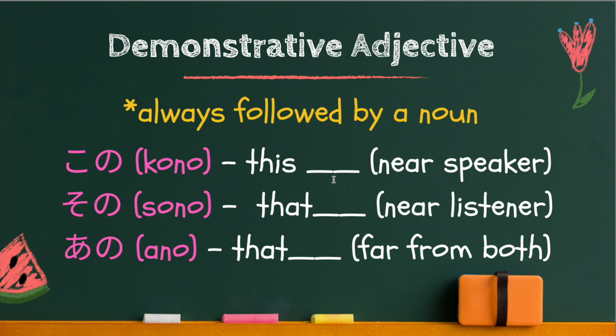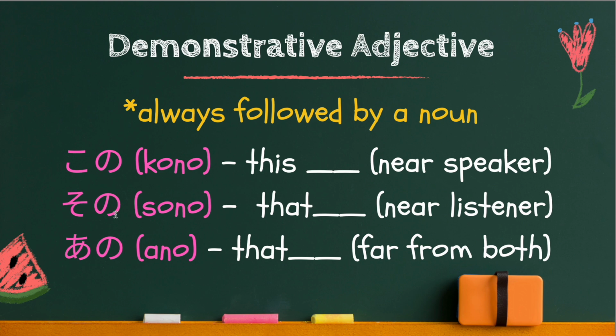So then you have to use この. This bag is このカバン. Like that, この has to be always followed by a noun. You cannot use it by itself.